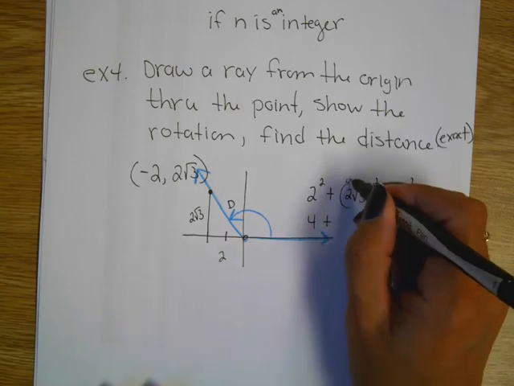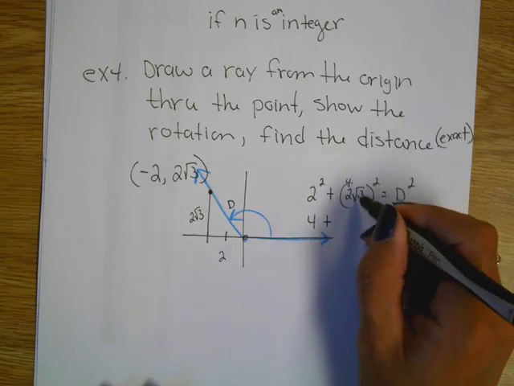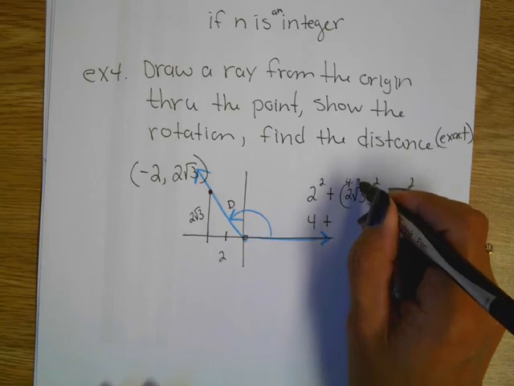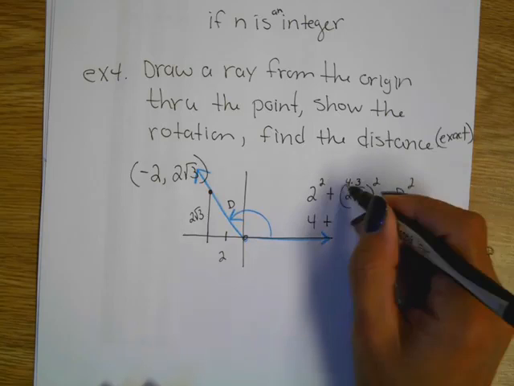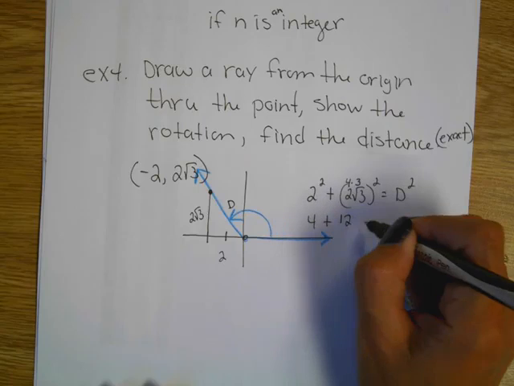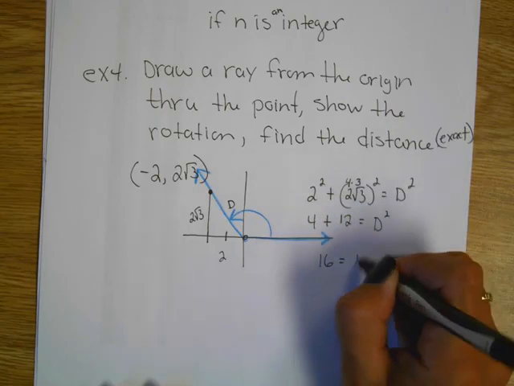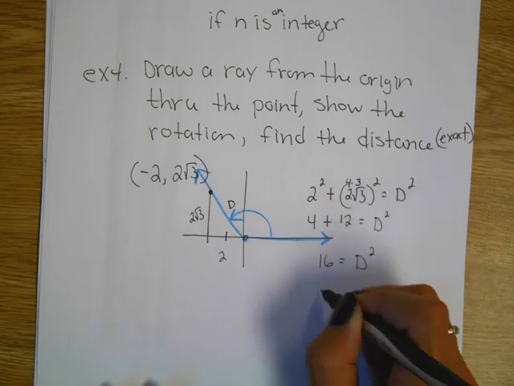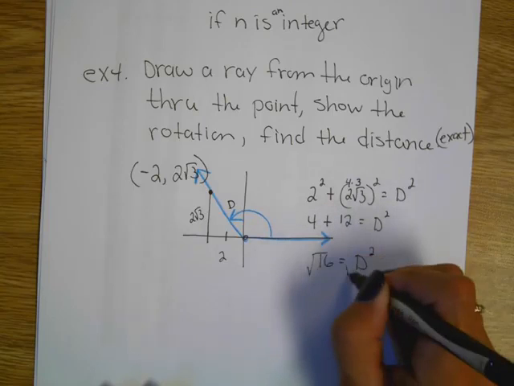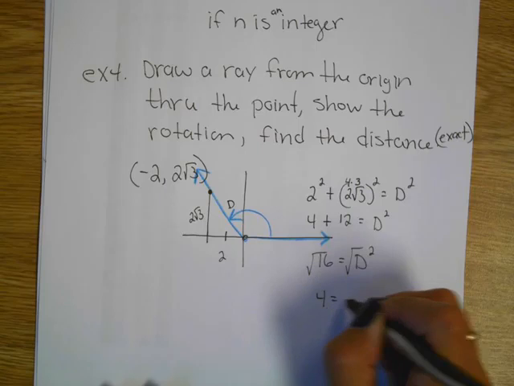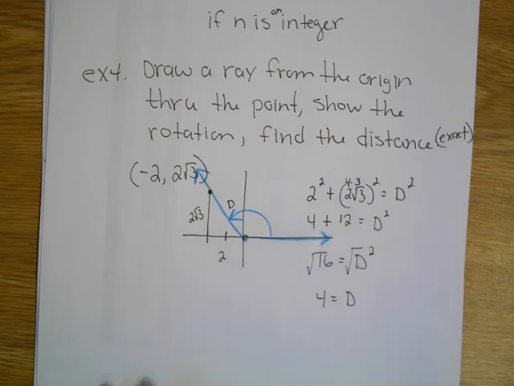So 2 squared is 4. Square root of 3 squared is 3. You get 12 then. Square root. And again, if that came out like 24, I want you to do the simplest radical form. But this one happened to come out nice.